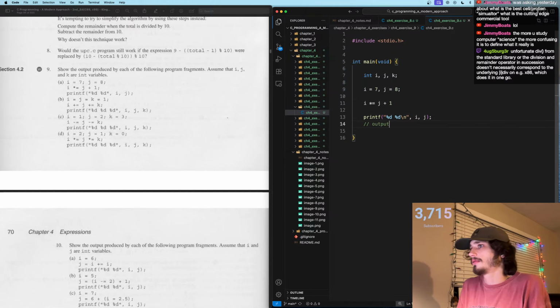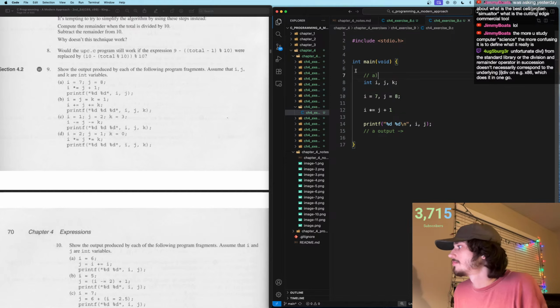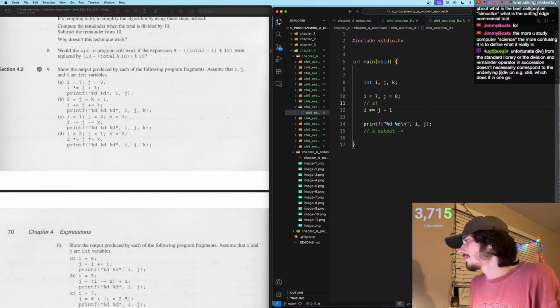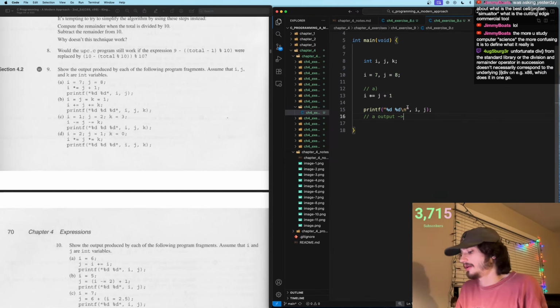So output for A. All right, this is going to be A. So I think this is going to output 63 and 8.